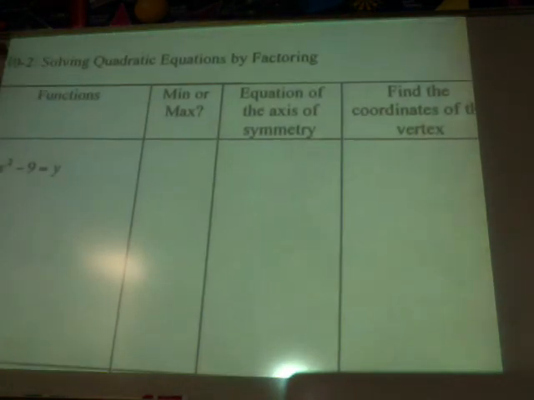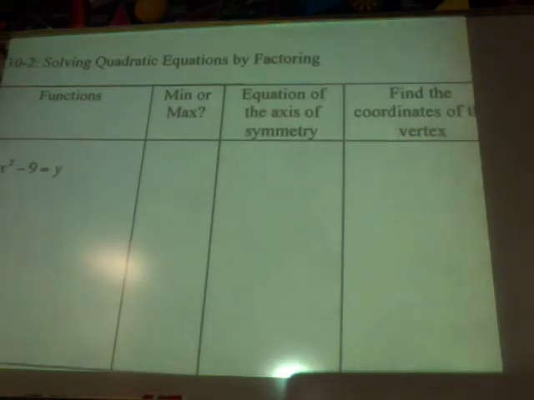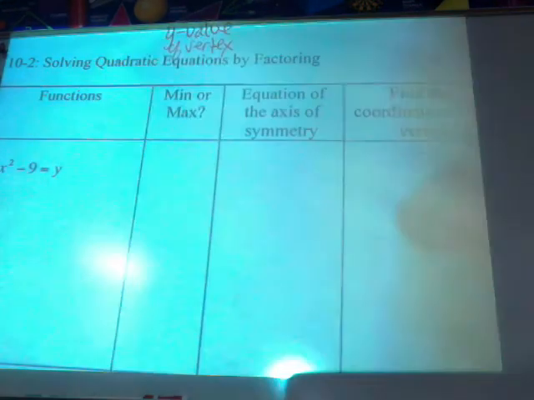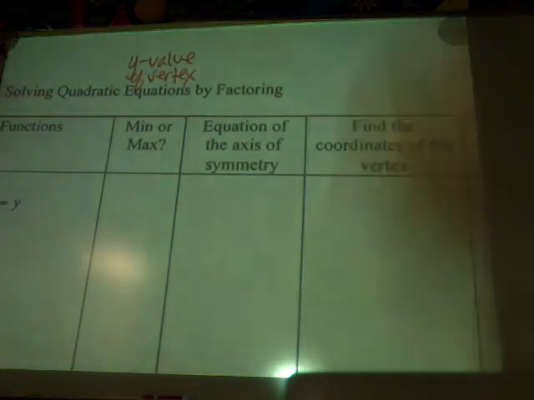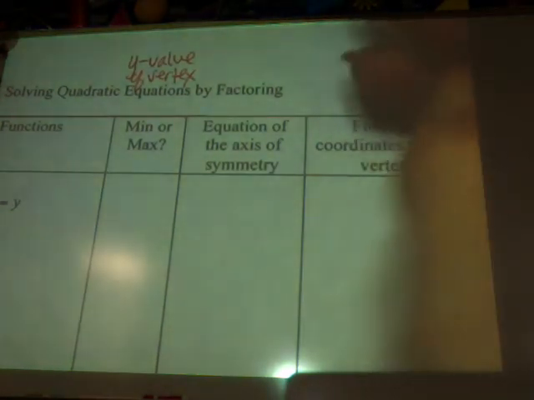All right, so you might want to put above here the same things that we did yesterday. Max or min, remember, we get is the y value of the vertex. And then the equation of the axis of symmetry is always x equals the x value of the vertex.